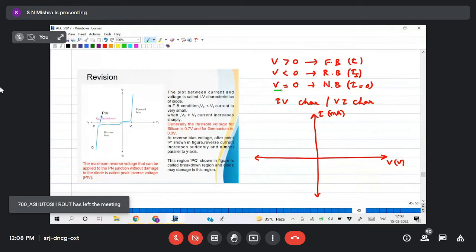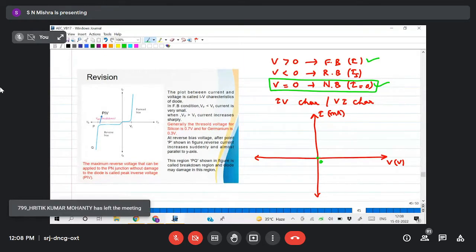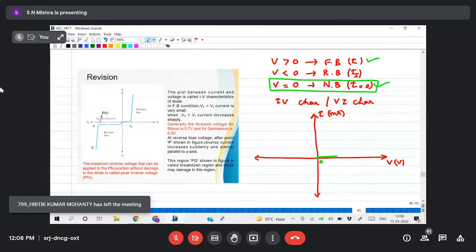If you plot the no bias condition, V equals 0, what is my current? 0. So 0 means origin. This is your 0 value. Now when I increase the voltage in the positive direction, initially very little current will flow, up to the point where the depletion region exists across the junction.